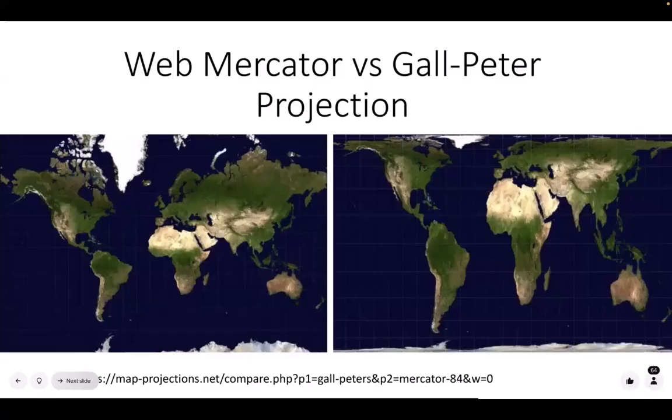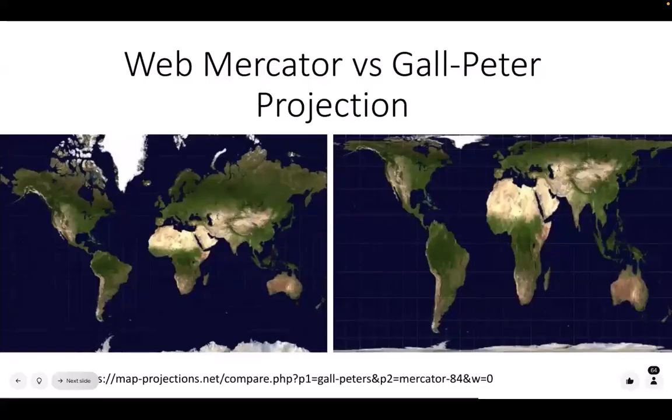You've probably used the Web Mercator projection, which is the map on the left, without even realizing it. This is the projection behind Google Maps, OpenStreetMaps, Citymapper, and everything like that. It is the most interactive maps you'll encounter online. And it's popular because it preserves the shape of the places, which makes it great for navigation.